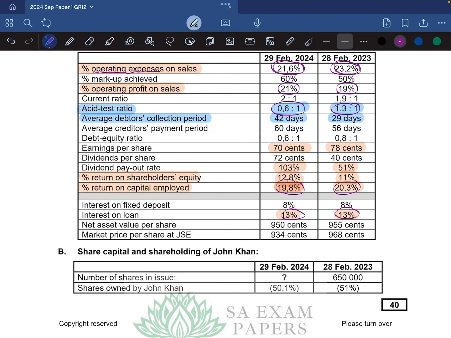So that's actually a good thing because it has increased. But now we need to compare that to our other alternative investments that our investors or our shareholders could go to. If they chose to get a fixed deposit, they could be getting 8%, but here in the company they're getting 12.8%. So that's what we are going to focus on.